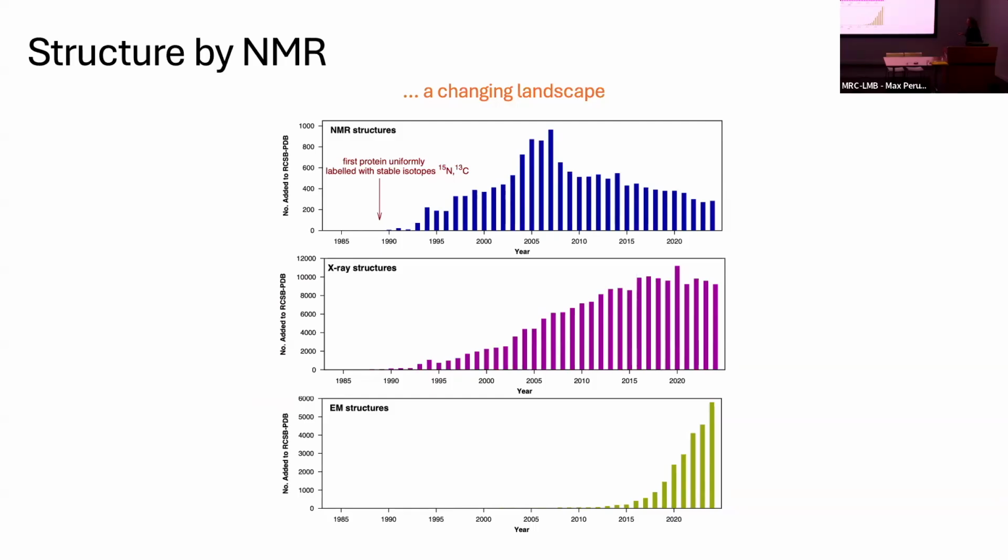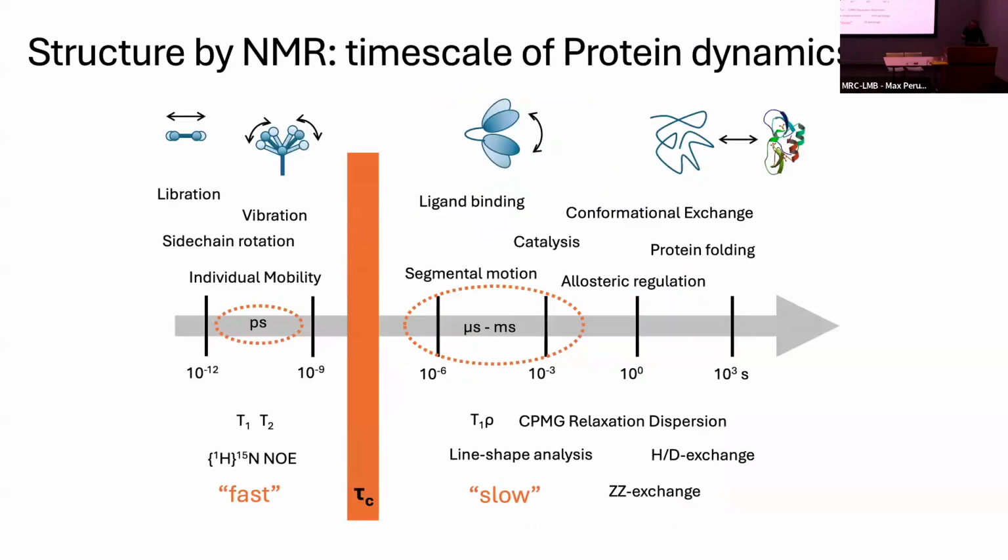And why is that? It's a changing landscape, and I think it's because what NMR can do is tell you really interesting, specific things about the dynamic properties of your protein. Proteins aren't static entities. We saw that with the ensemble of the NMR structure on the previous slide.